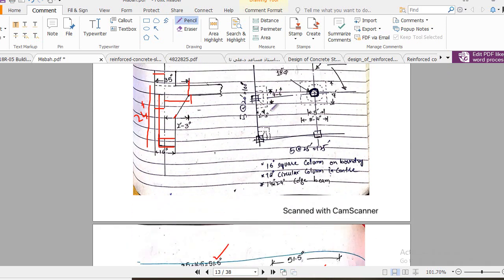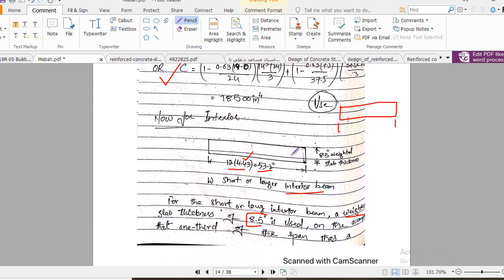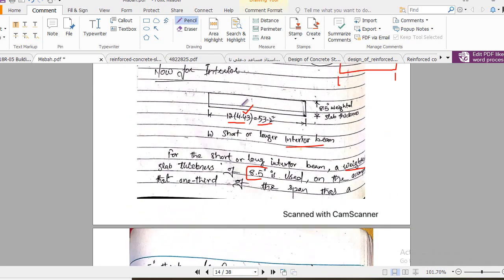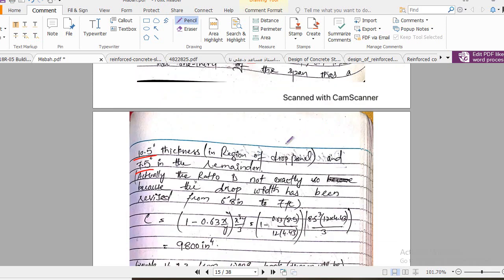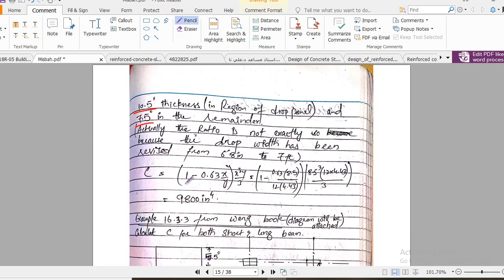Here you see how they calculate it. The feet is converted into inches, so 53.2 inch is the section, and remember, this is now our y value and this is our x value. So calculate the C value for this. Clear? And the whole theory is here. This is the whole calculation, and in this case our C value will be this one.